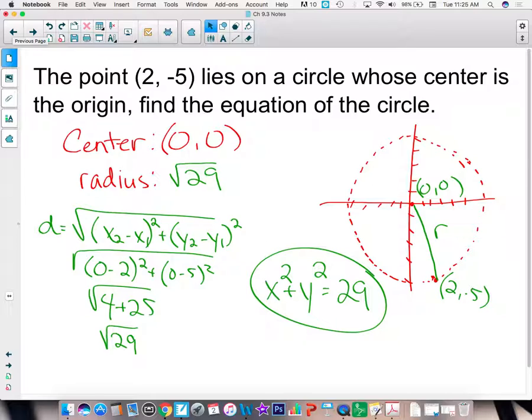Rather than using 0, 0, you'd use 2, -3, or whatever it is. But the x squared plus y squared doesn't change. Then you'd have to plug it into that second formula. It's like x minus h squared, y minus k squared.